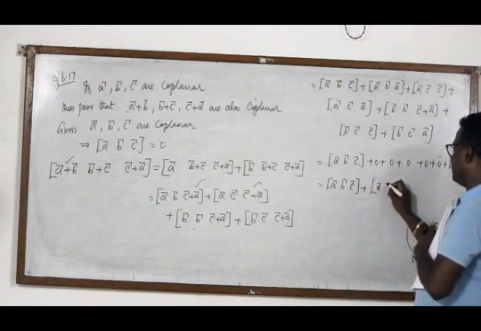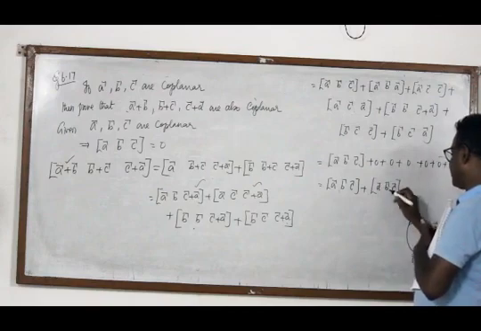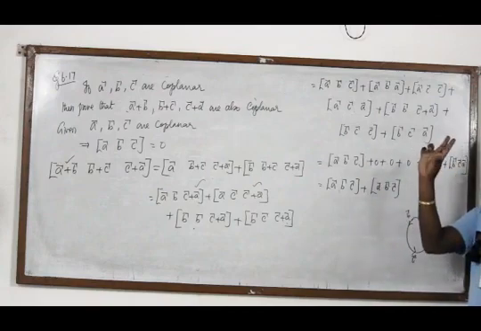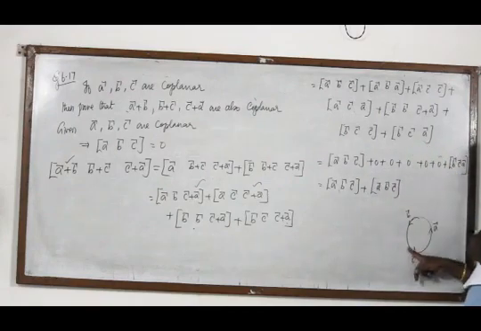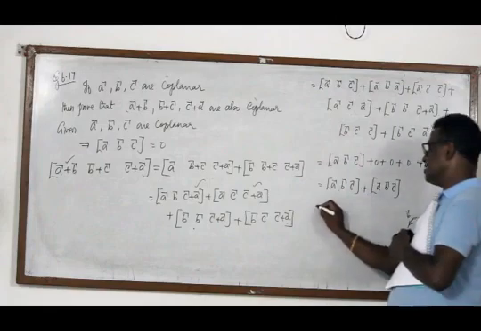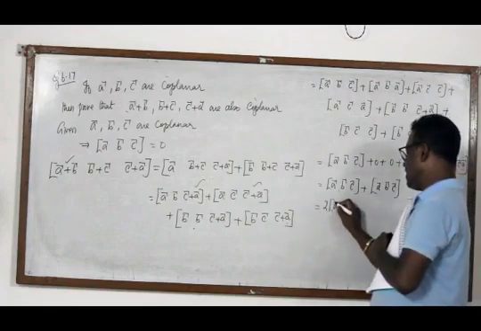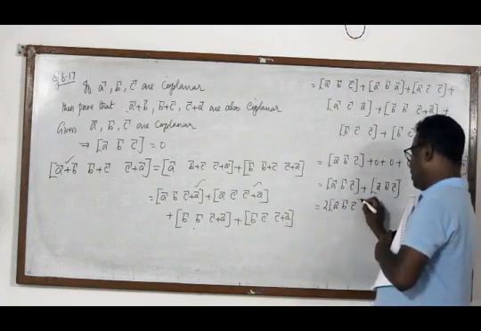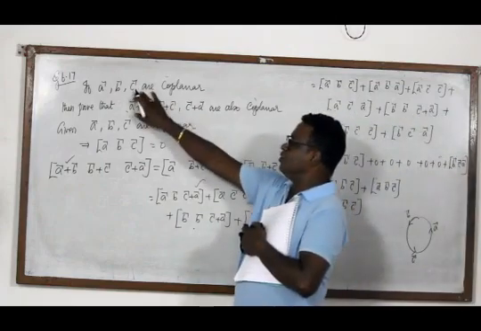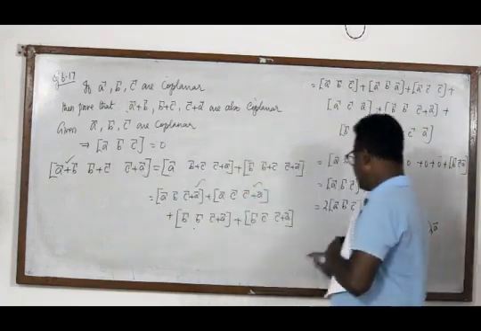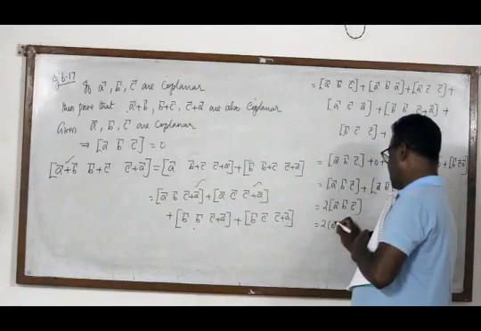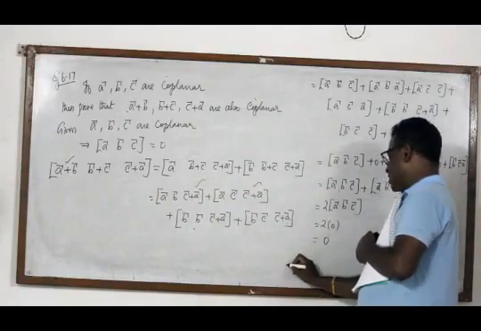On rotation, this is called the right-hand triad system. A, B, C can be written as B, C, A. B, C, A can be written as C, A, B. So this is 2 times A, B, C. But we know already A, B, C are coplanar. The box product is 0. So it is 2 into 0 equal to 0.